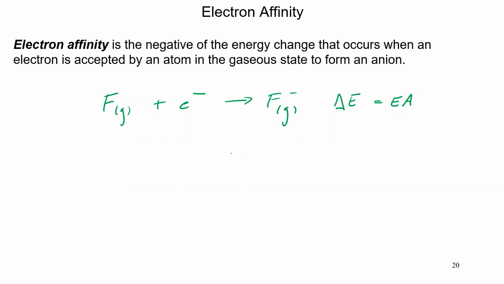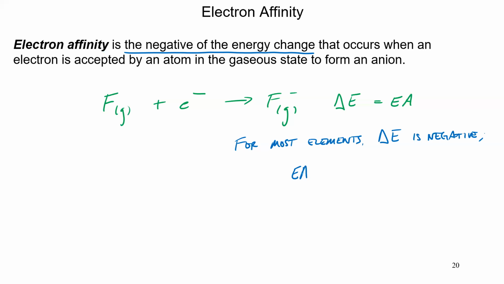And so for most elements, this change in energy is negative. That means it's better, it's lower energy, it's more stable for it to be a negative ion. And so when we look here, it defines the electron affinity as the negative of the energy change. And so the electron affinity is always positive.